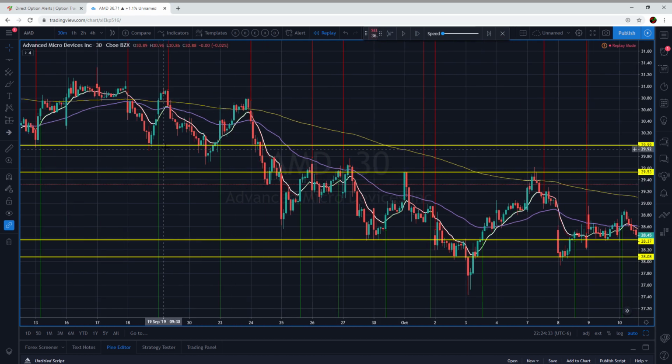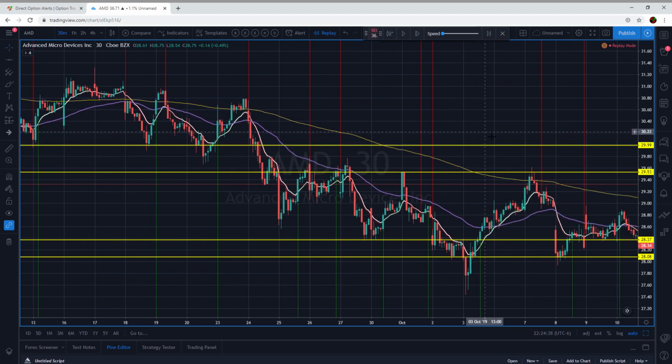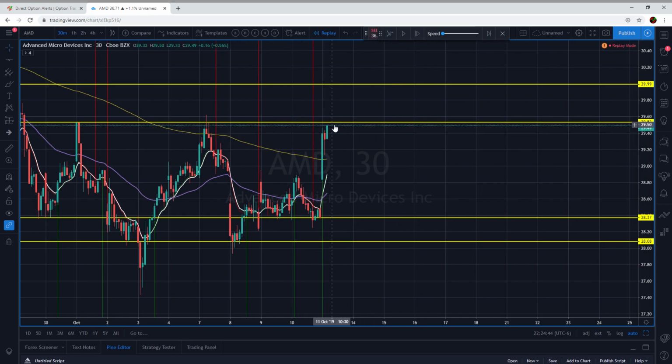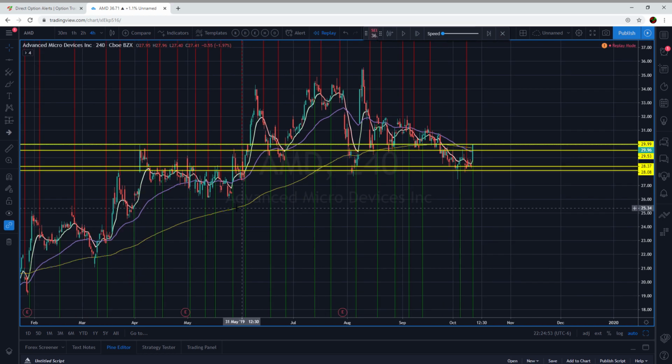See it? Support right there. Say we entered right here. This is going to be the minor resistance. This is going to be the second resistance, basically the 4-hour resistance. One of the stronger resistances, as you can see right here. Strong right there, right there.